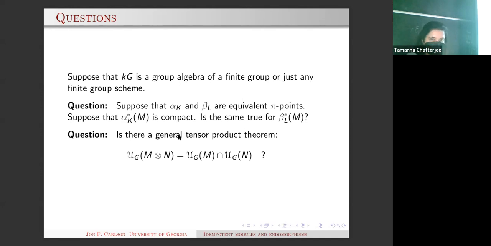So what happens when U_G of M is empty? We take a module, and then we know that it's M. If U_G of M is empty, I'm not sure. This is a good question.